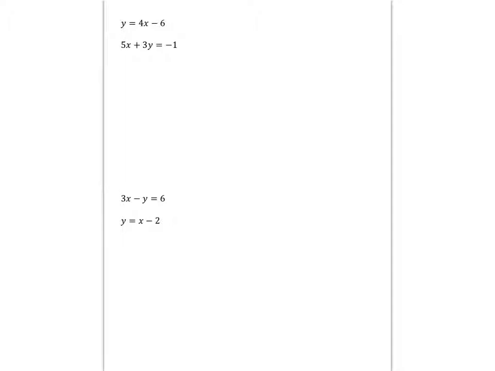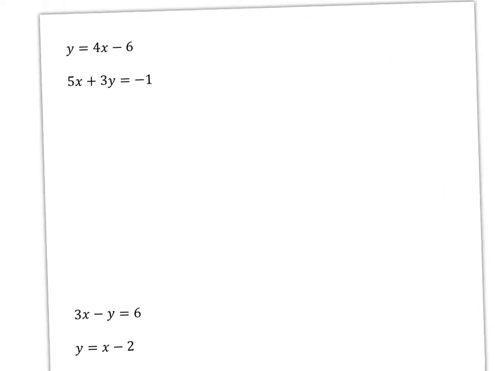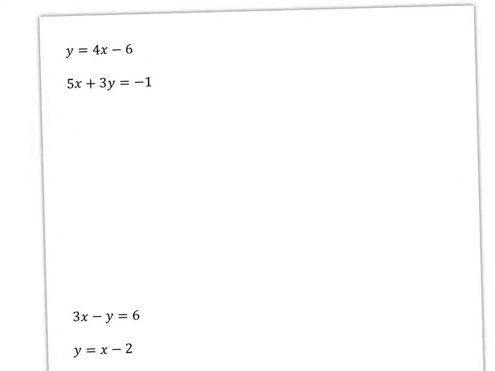Okay, let's take a look at another example. I'm going to substitute in the 4x minus 6 in for y in the second equation. Again, I'm replacing y with that expression so that I only have to worry about the x's. And here, since I have 3 times y, I have to use parentheses because I'll have to distribute that 3 to each term that I'm substituting in for y.